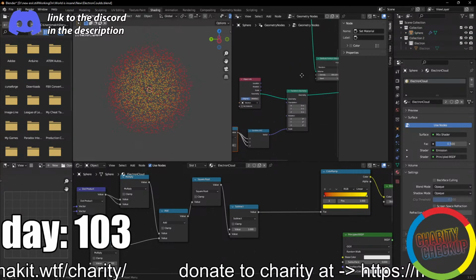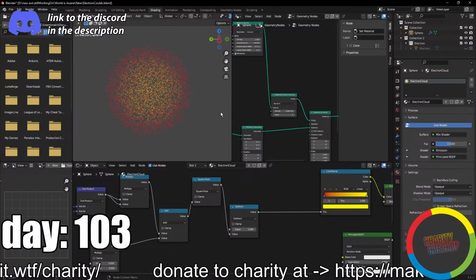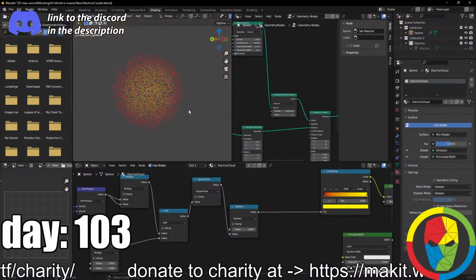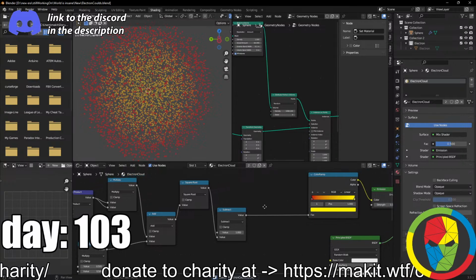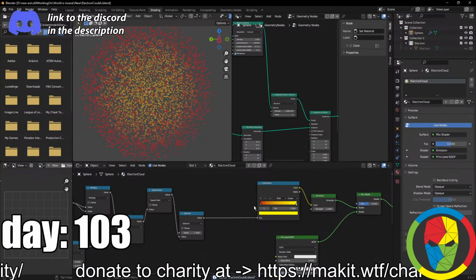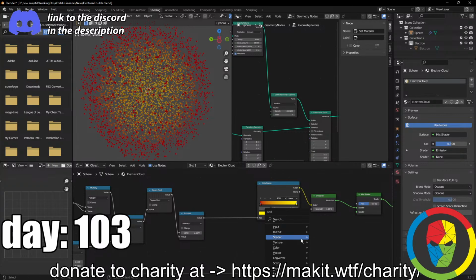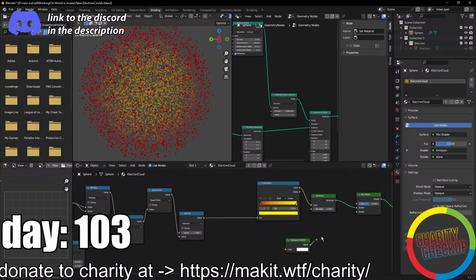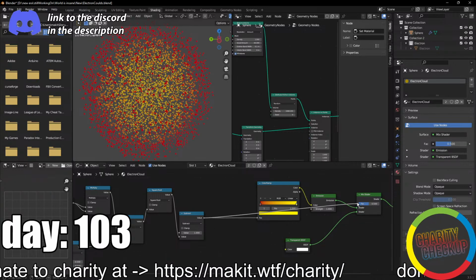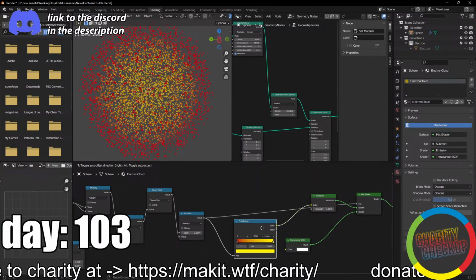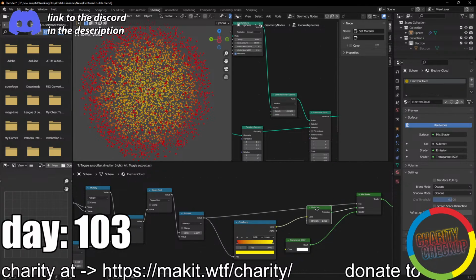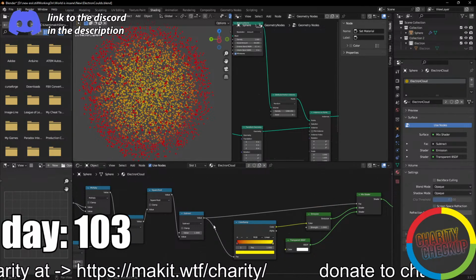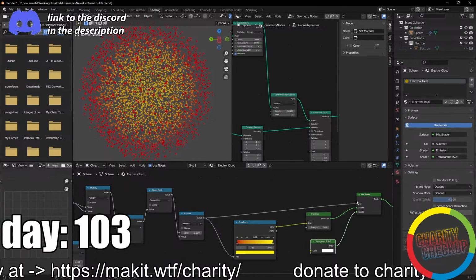I know that I'm frying my GPU and CPU right now, but I mean, can you blame me? Oh, that's great. Now the thing is, we won't be using it like this, we might, but we also at the same time will do transparent BSDF, and we'll use this like so. That didn't work. Why?